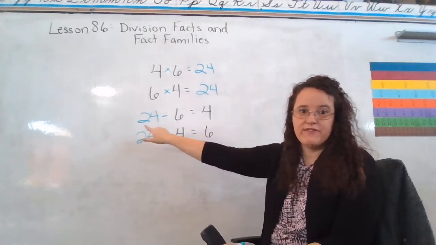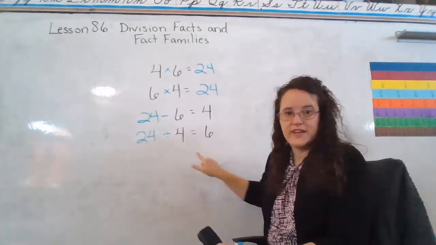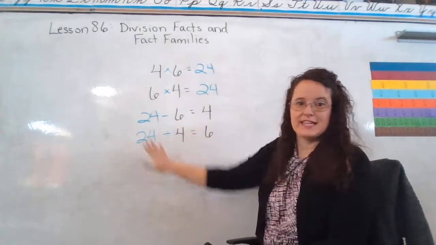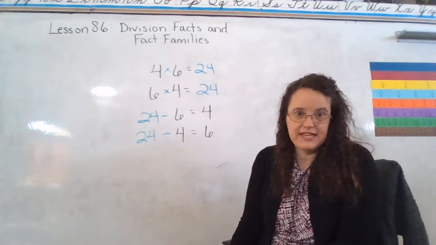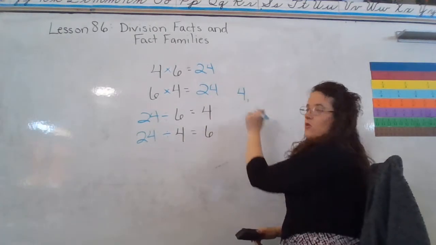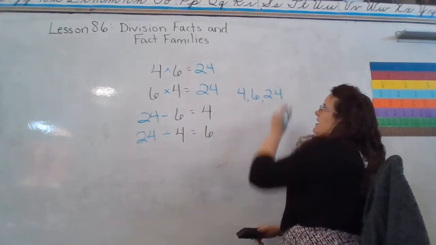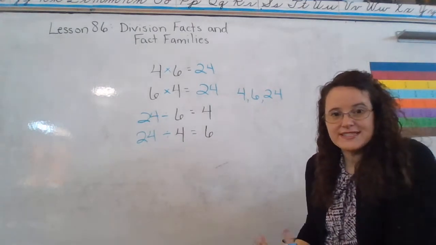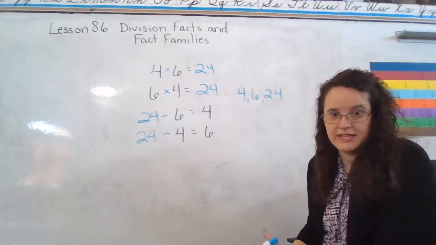We can say 24 divided by 6 is 4, or 24 divided by 4 is 6. So this is an example of a multiplication and division fact family. The numbers in the fact family are 4, 6, and 24.